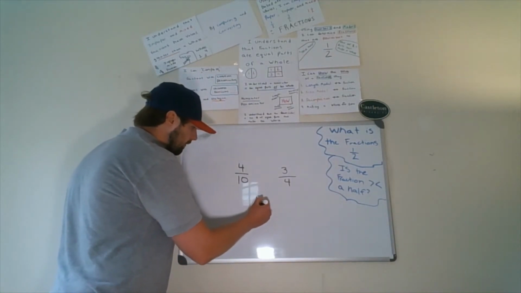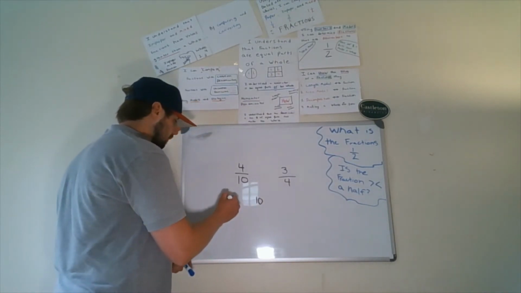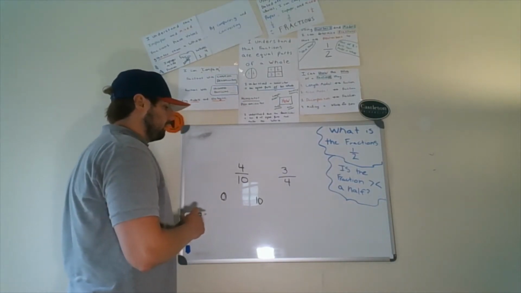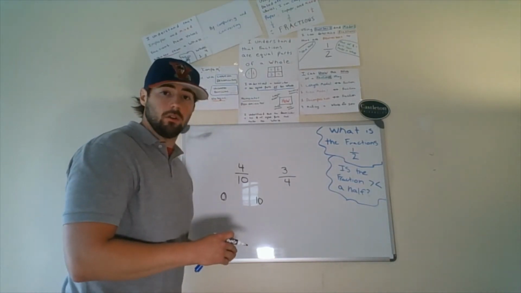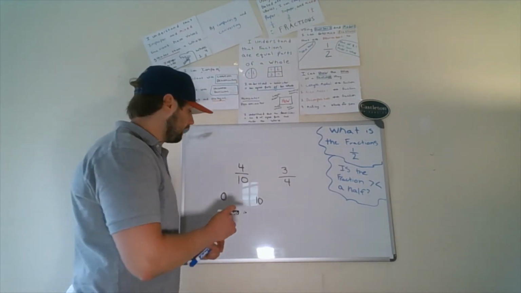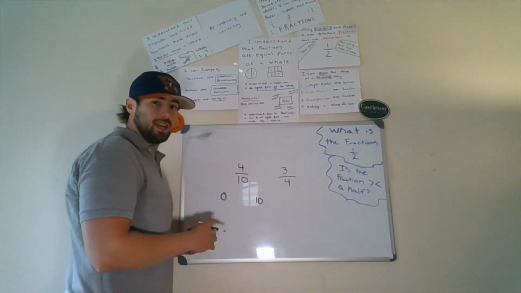Well, I know that in tenths, 10 parts make the whole. And I know we always start with nothing when we're talking about values. I also know that our numerator is exactly halfway between 0 and 10. It is the middle.